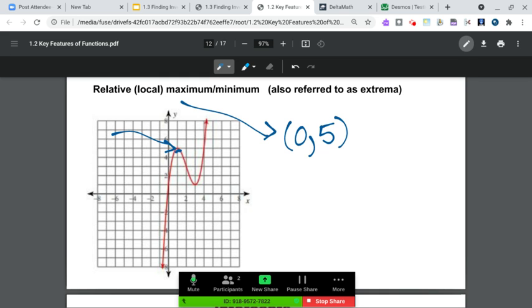What do you think the ordered pair is of the relative minimum? 3, 1. You got it. So the minimum would be at 3, 1. Perfect. Okay? And that's just as simple as that seems. Relative max is your hump in the graph. Relative min is going to be your valley or dip in the graph.